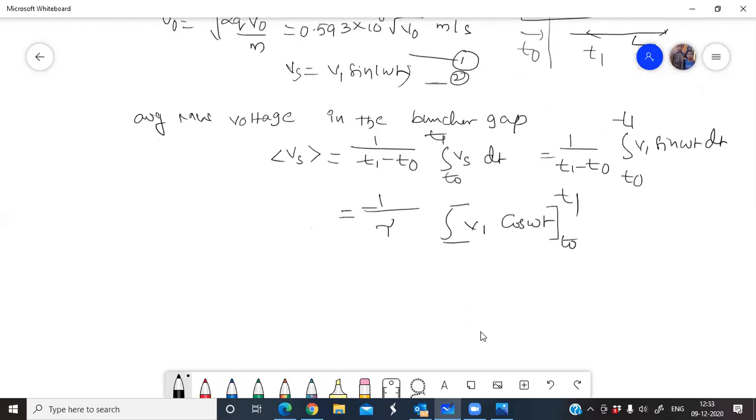After substituting the limits, you will get V1 by omega tau, because the integral of sin omega t is minus cos omega t divided by omega. So V1 by omega tau into cos of omega T0 minus cos of omega T1. So this is the equation after integration and after substituting the limits.